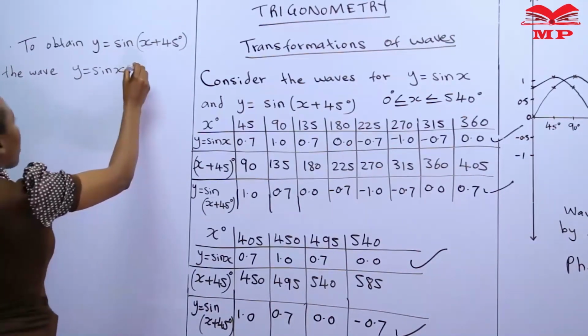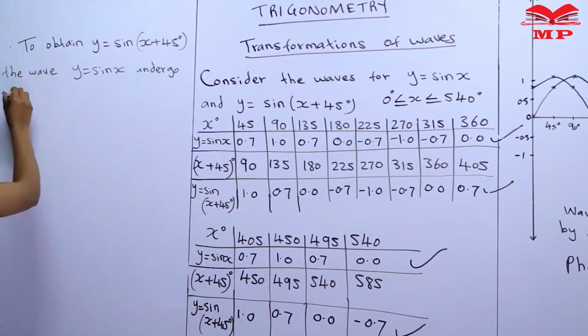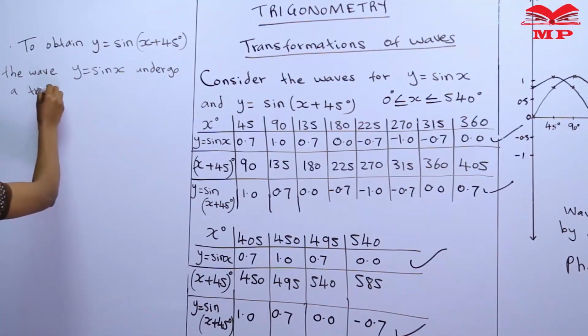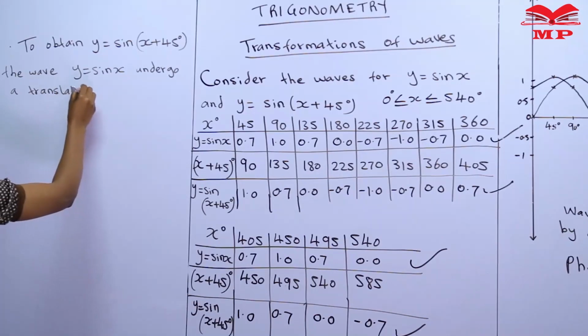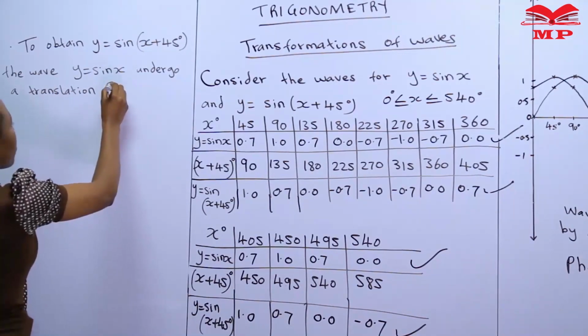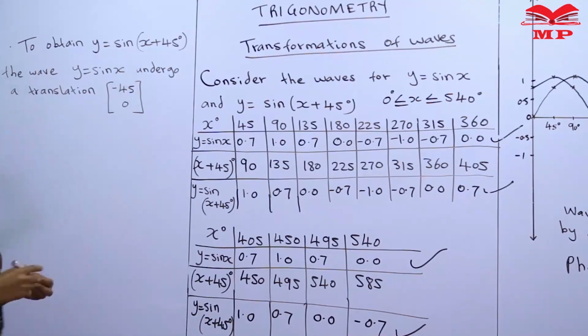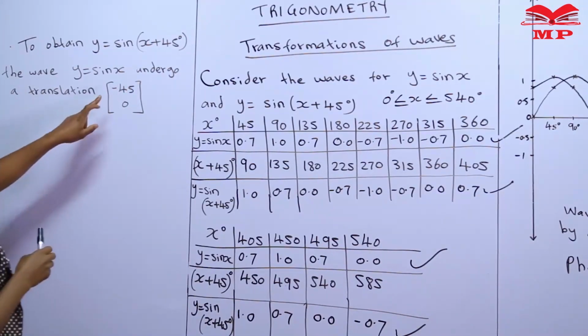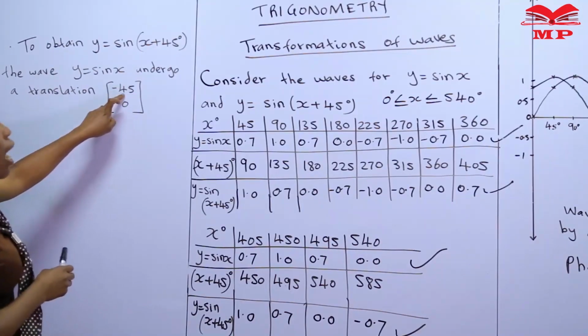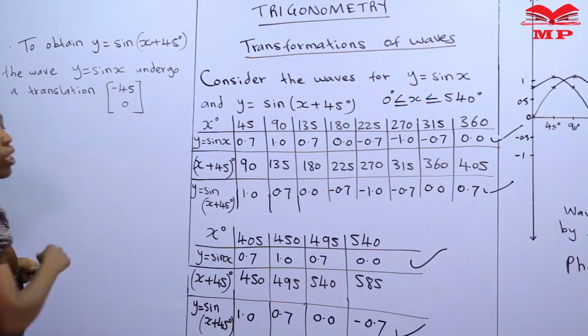The wave undergoes a transformation, no, not a transformation, but a translation. And this translation is negative 45, 0. That is the translation. This is our phase angle. The phase shift is negative 45.